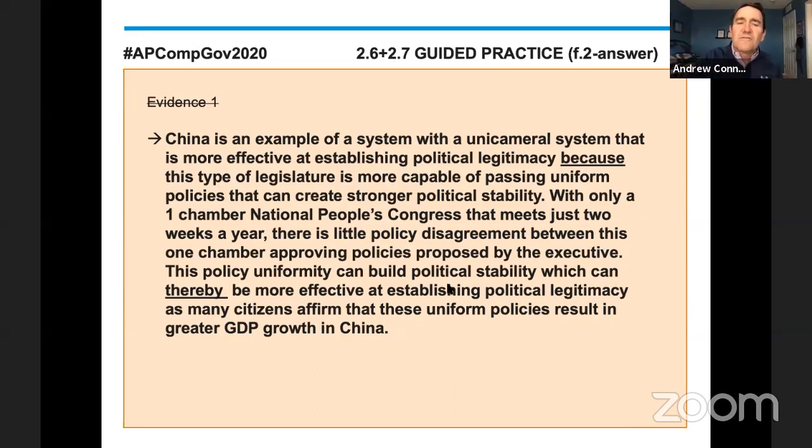This policy of uniformity can build political stability, which can thereby be more effective at establishing political legitimacy, as many citizens affirm that these uniform policies result in greater GDP growth in China. We know that this consistent GDP growth over the last 40 years has certainly helped the legitimacy of China's government. So I connect that into my argument as part of my reason and evidence specific to China.